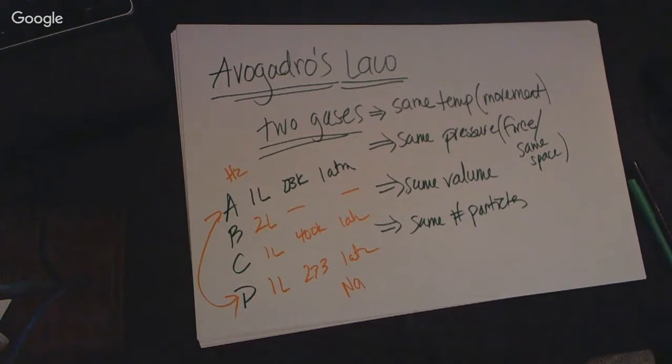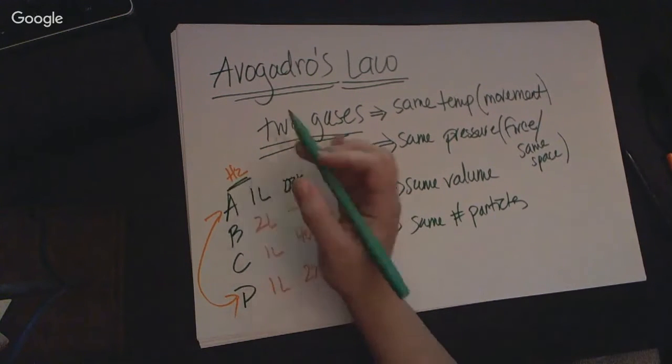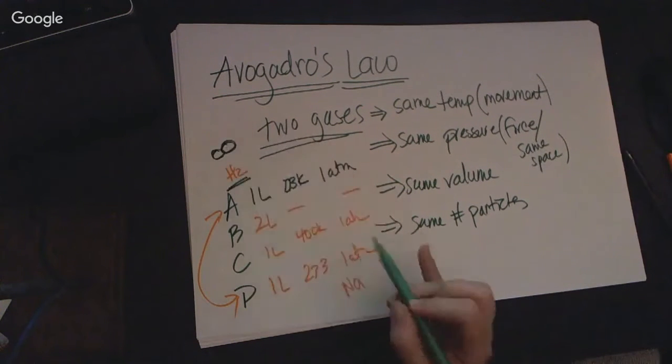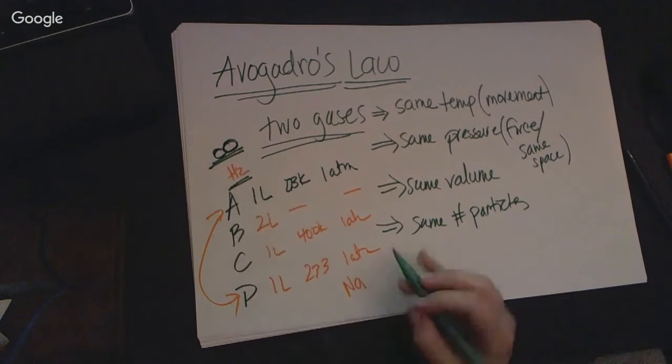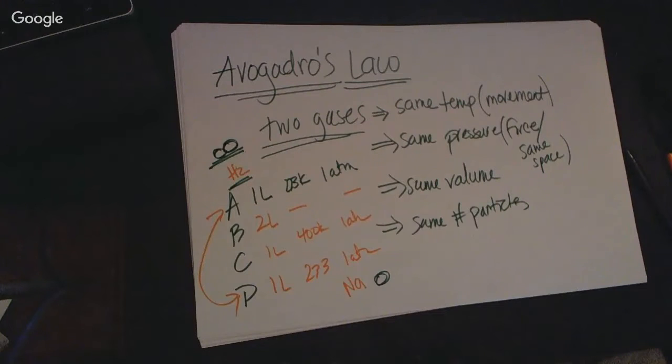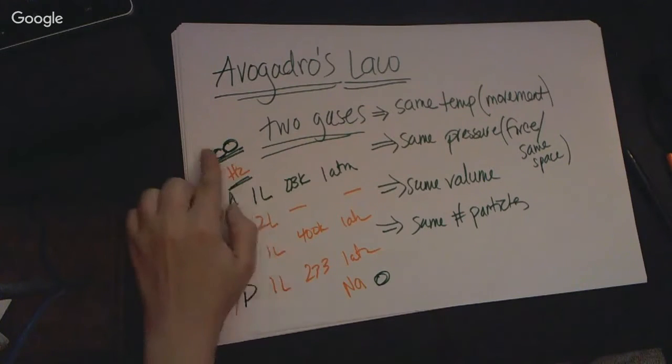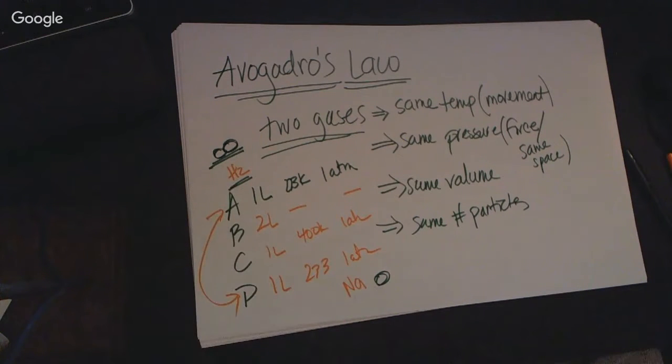They will still have the same exact number of particles in the container because they have the same conditions. And when I say particles, I don't mean the number of atoms, I am talking about particles. This would be a diatomic element particle, and this would be a monatomic atom for sodium, which means these would still have the same exact number of particles.